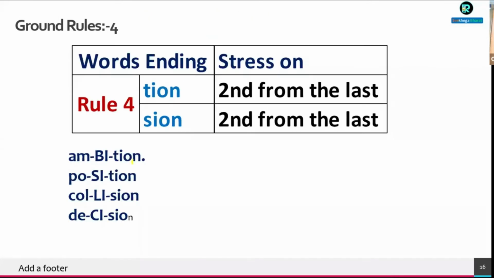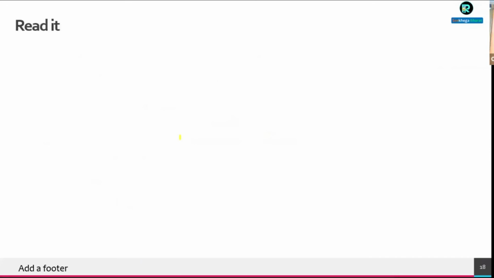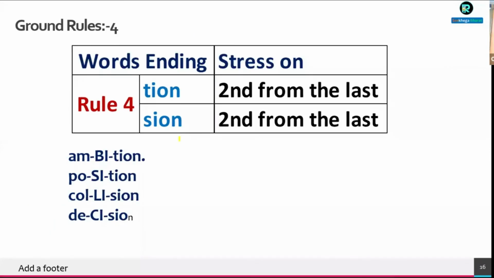Okay. Words ending. Now, this is something that we have to understand. I'm giving you some sample rules. When you find that there are words having this in the end, tion, what is the sound?